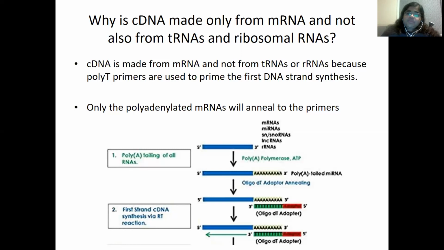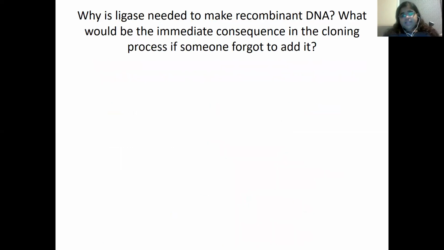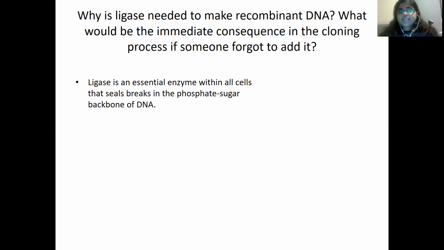Okay, so next, again, why is ligase needed to make recombinant DNA? What would be the immediate consequence in the cloning process if someone forgot to add it? So ligase, as we know, we need it.